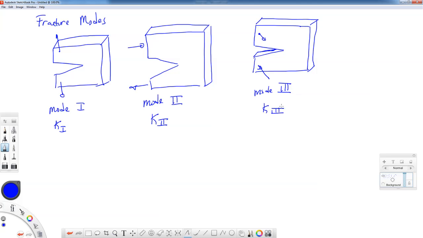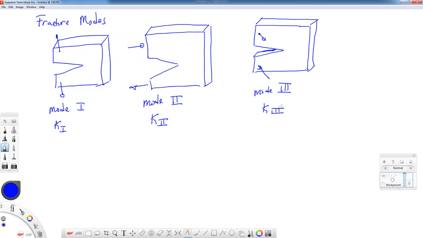So mode 1 has been studied probably the most, and there's an extensive library of stress intensity factor solutions for all these different loading modes, but for mode 1 in particular. We can use numerical techniques to find stress intensities, and that's part of what we'll do probably in the second series of videos that I make on fracture mechanics with Abaqus.